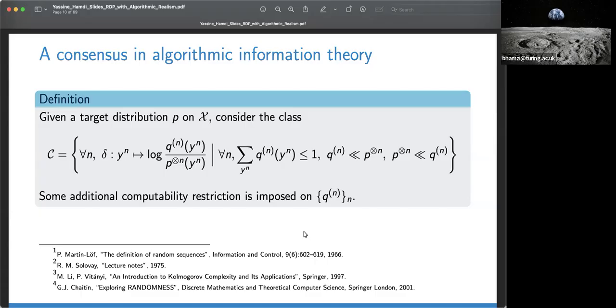And this is essentially the set of all log-likelihood ratios, in the sense that the numerator is not necessarily a distribution, but can be broader than that. The sum of weights can be less than or equal to 1. And Q^n and this i.i.d. P^n should have the same support. So it's the set of all log-likelihood ratios with a constraint that they be lower semi-computable.